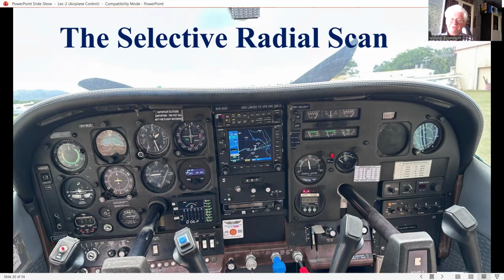The eyes can be directed selectively toward the other instruments to derive relevant information from them as required, before being returned to the AI. This eye movement radiating out and back to selected instruments is commonly known as the selective radial scan.